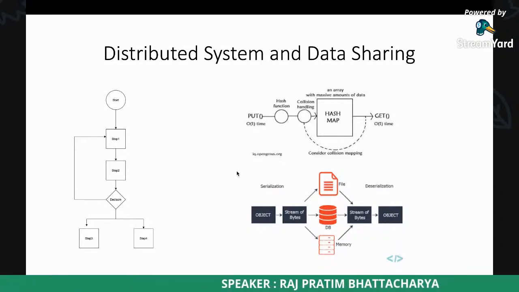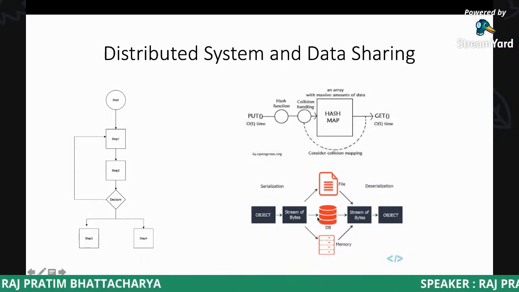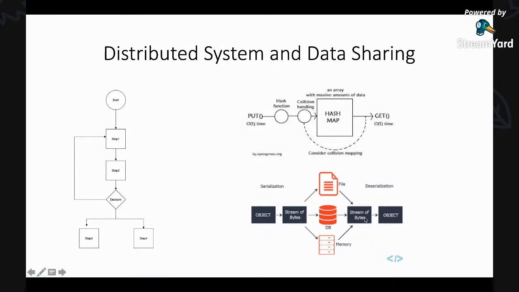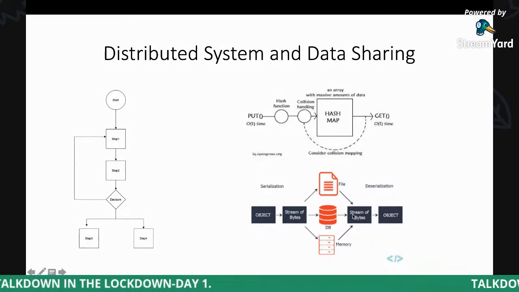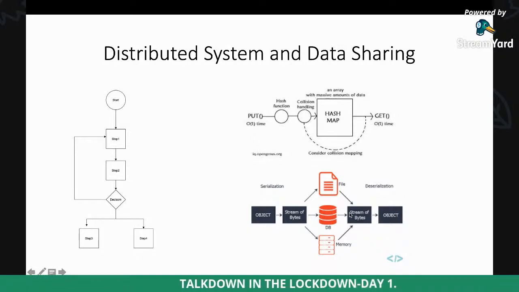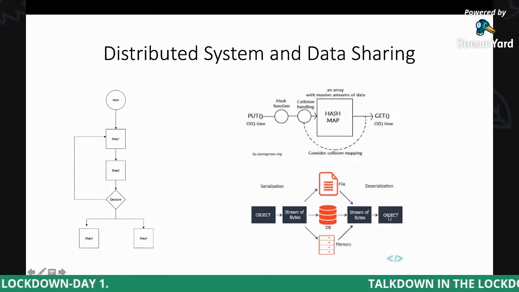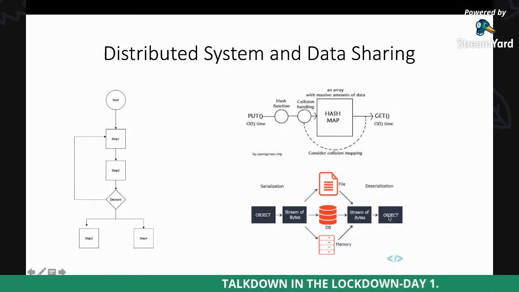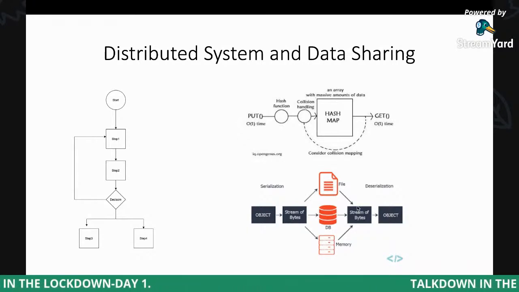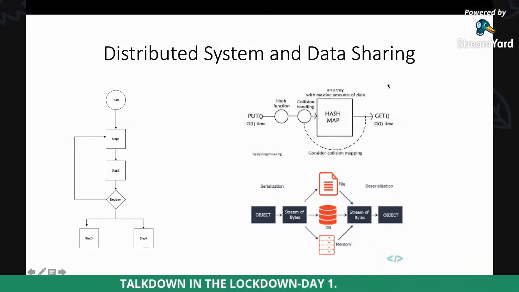So you have an object, you convert it into bytes, with encryption it becomes a string, and you transfer that string over the net. The system which receives that data first decrypts it, and then converts the serialized string back into a deserialized object. That is a distributed object. This is how the data communication happens.